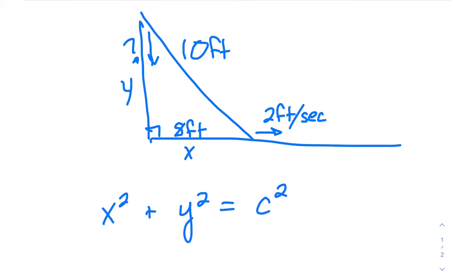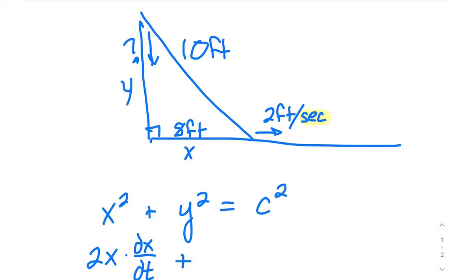So first, let's write out the derivative of this equation using what we know from implicit differentiation. So here, our derivative, this will be 2x, and everything here is going to be over time for these rates of change. It's feet per second, right? So this is going to be 2x and then dx/dt. So that's your change in x over your change in time. That's showing that it's a rate of change.